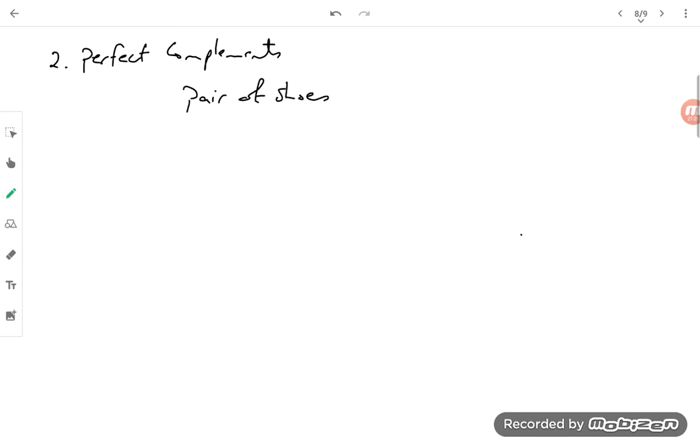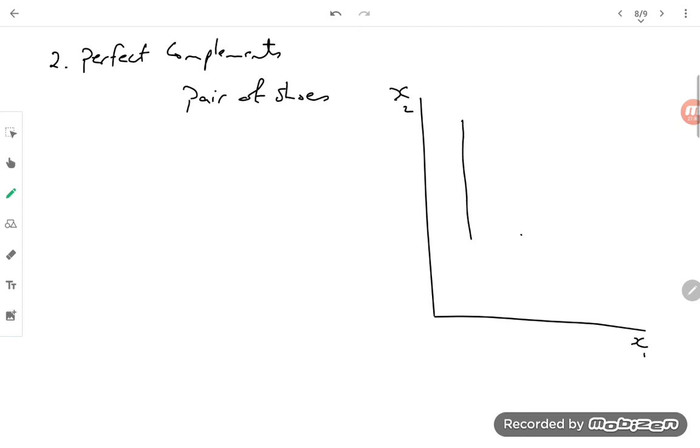You cannot wear the right shoe without the left one. In this case, the indifference curve will look like this, so this is the case of perfect complements.